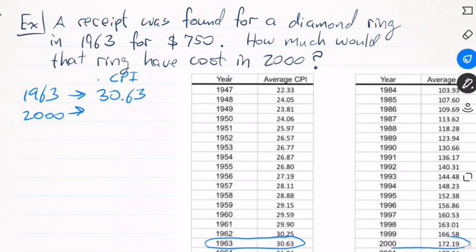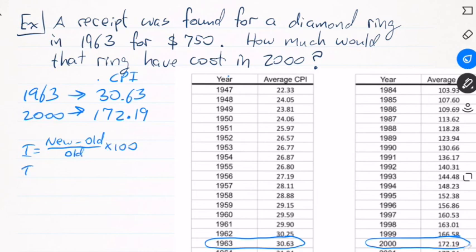It's 172.19. And I'm just going to two decimal places. I don't know why. It doesn't matter in the long run. So to find the inflation, we're going to use the percent change formula: new minus old over old times 100.